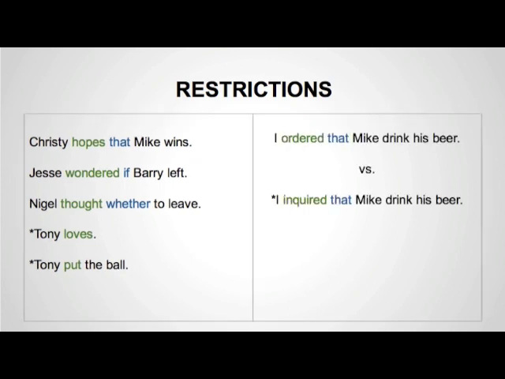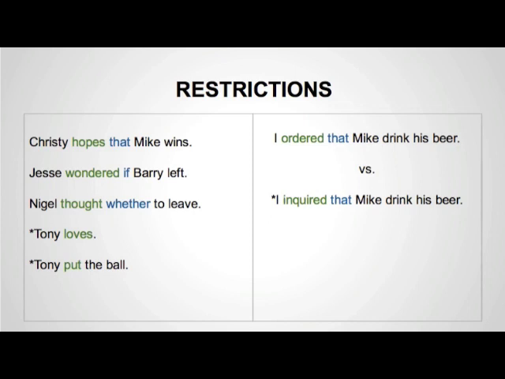As an example, Tony loves, or Tony put the ball, doesn't work. Even though X-bar generates that kind of sentence, the verbs demand something different. So for example, a verb like inquire can only take an interrogative complement clause.